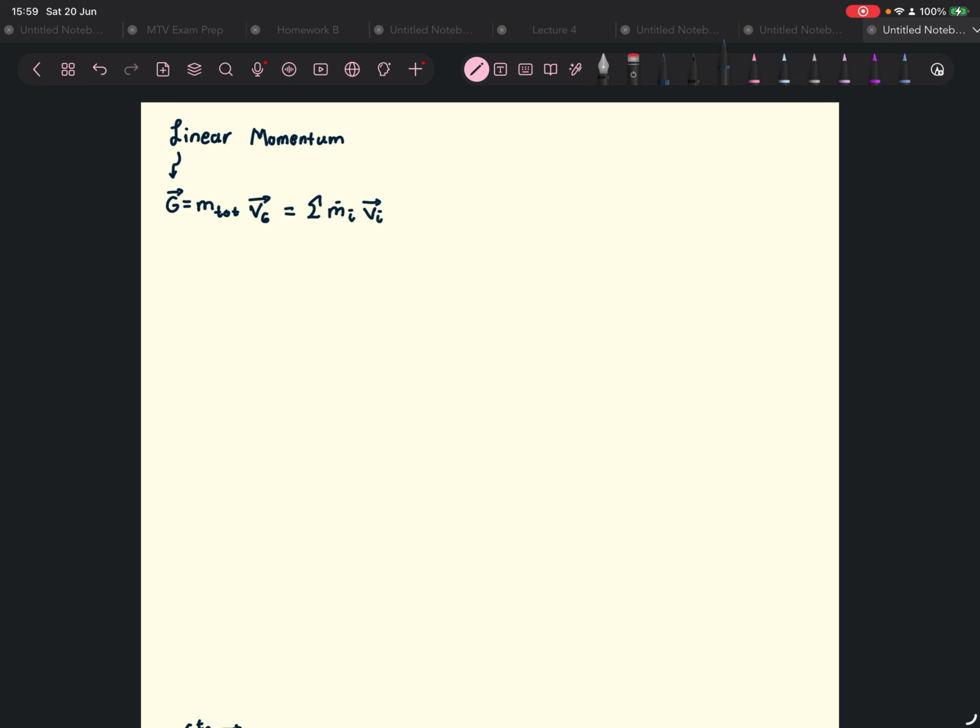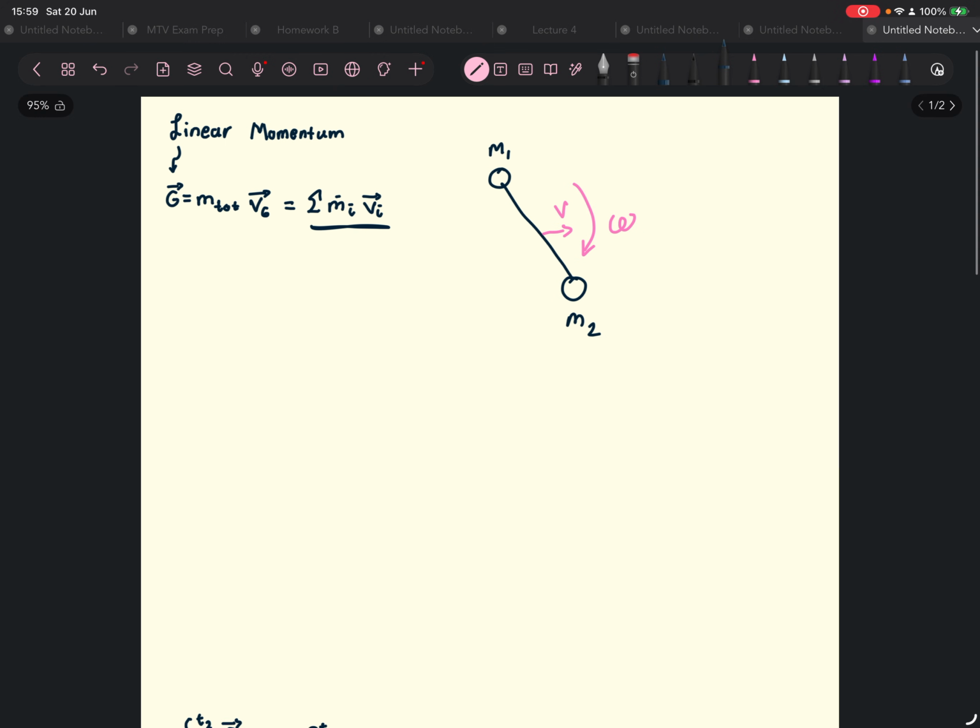And in the case where we were given the velocity of each and every particle, let's draw that situation again, where we had mass 1, mass 2, and it was translating with the velocity v, and then let's say it was rotating with an angular velocity of omega. Then we can use this equation to also find the linear momentum of the system.